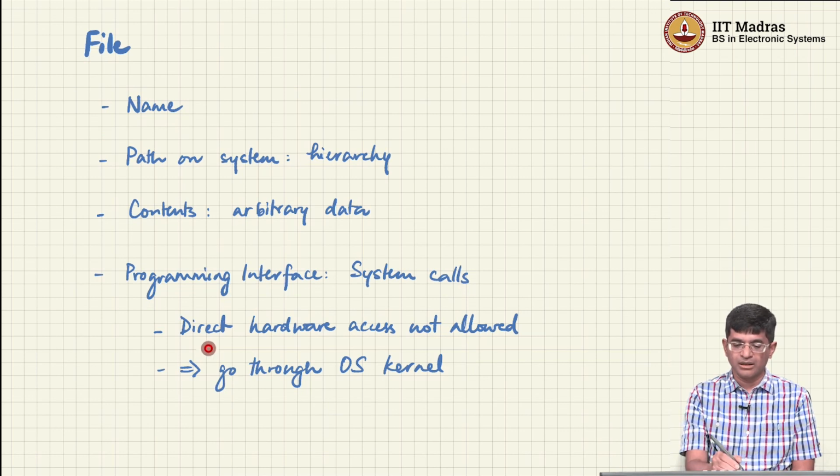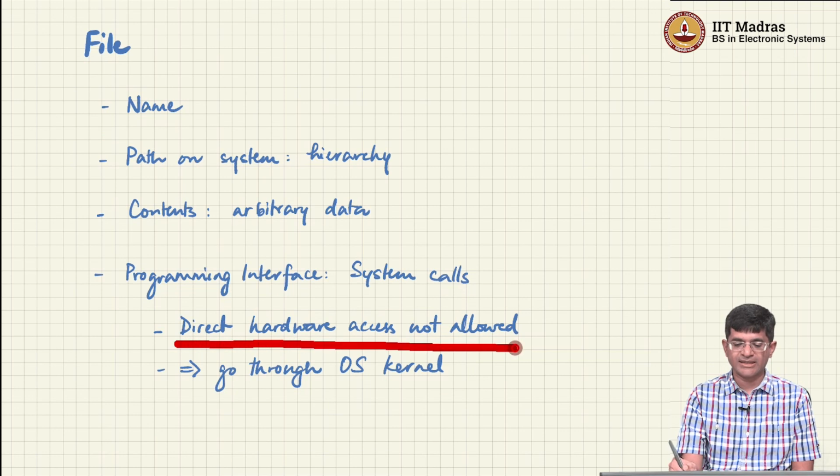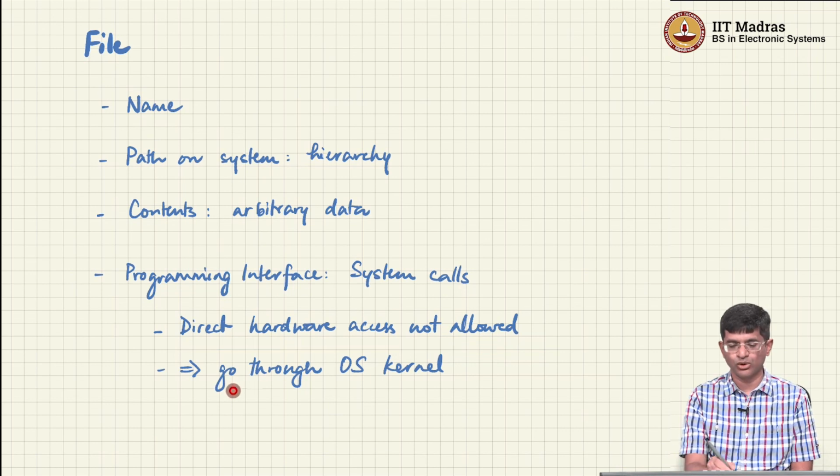The bottom line is that direct hardware access to a given SSD or a sector in an SSD is not permitted in general. You have to go through the operating system kernel, which is basically the core part of the operating system. So ultimately all access happens through these system calls, which provide the programming interface required to access files, and that is what we will be looking at in terms of the examples later.